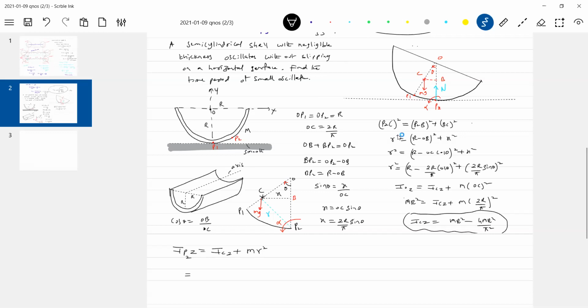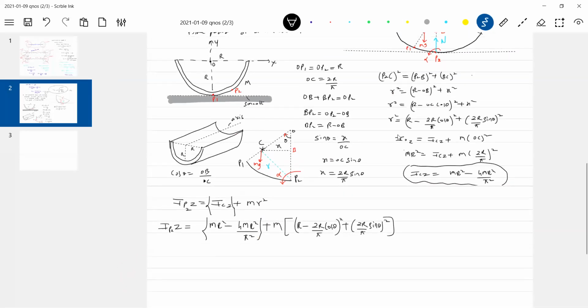Okay, what is ICZ? ICZ should be equal to MR square plus M into R square. Okay, we have to solve this. We will expand this.